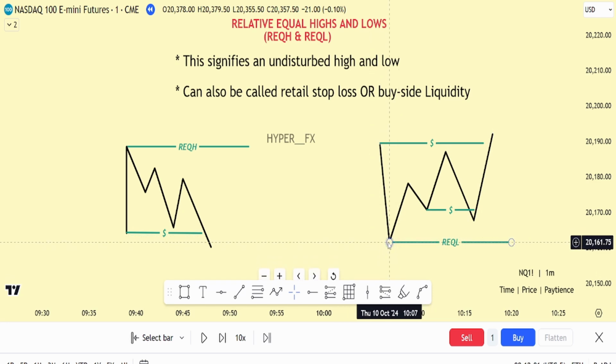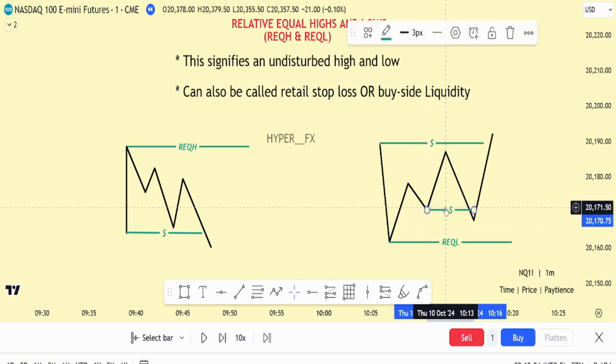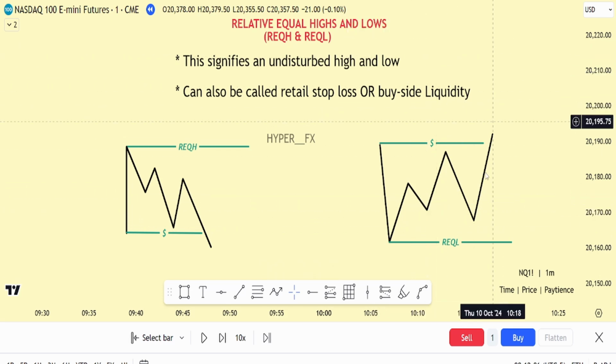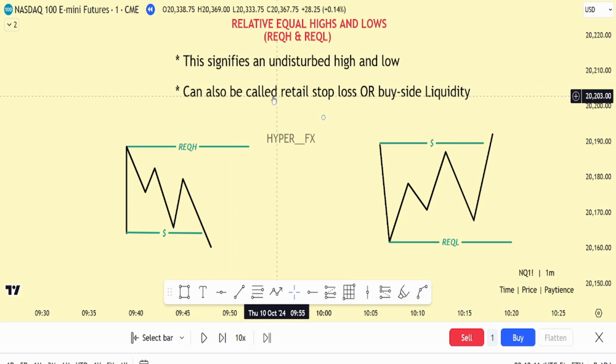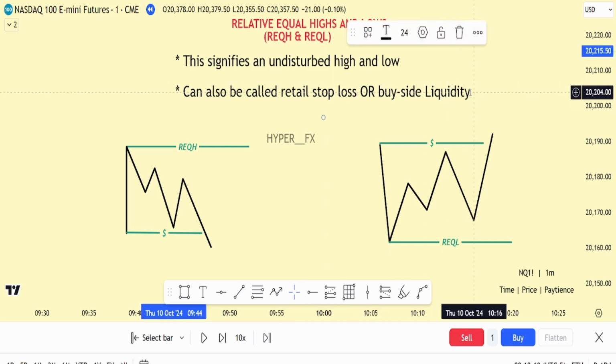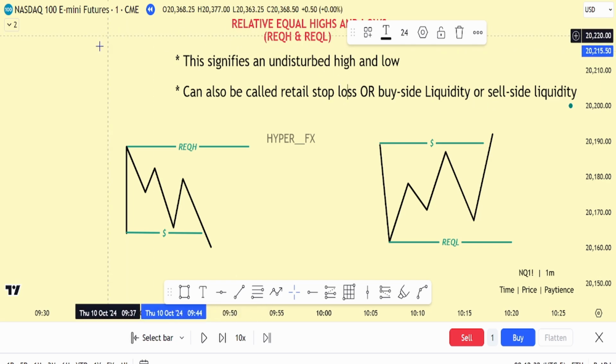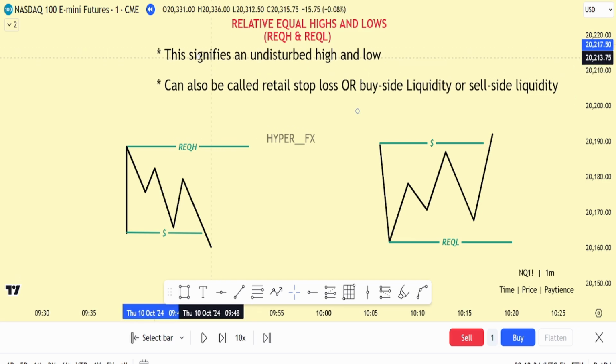It is more like hanging out there and begging to be taken out. So these relative equal lows are retail stop losses, or you can call them buy side liquidity or sell side liquidity. So I'll just put my sell side liquidity.